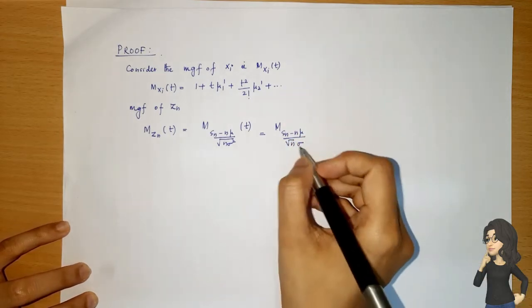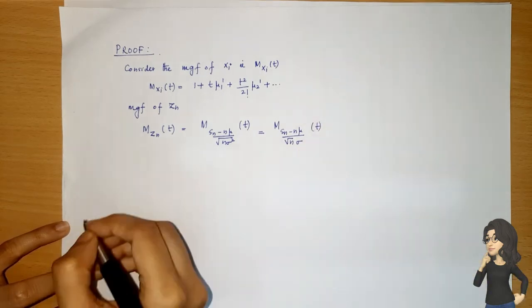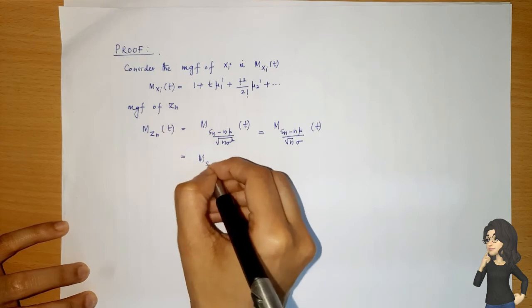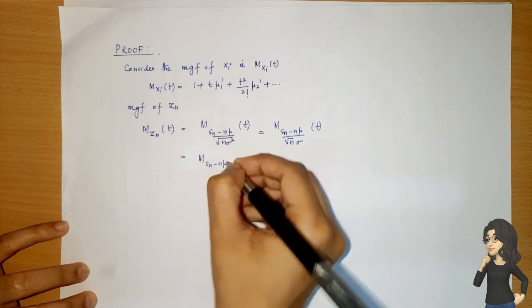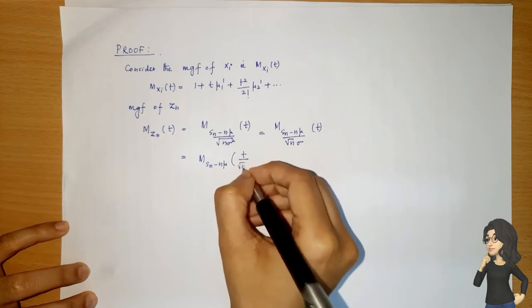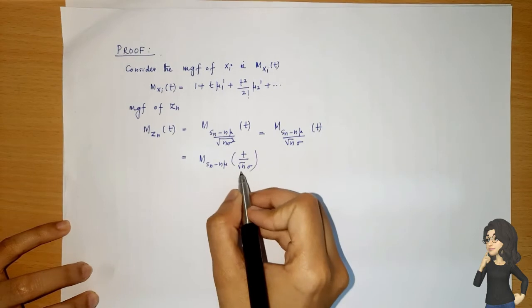I can take the root of sigma square and take it outside. So it is t, which can be written as M of Sn minus n mu, into t divided by root n sigma. Yes, the root is only for the n.